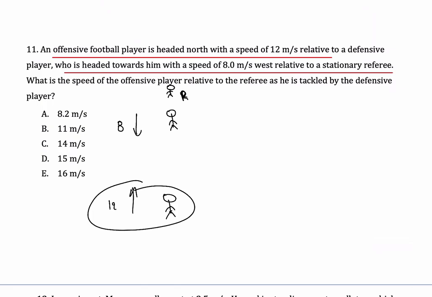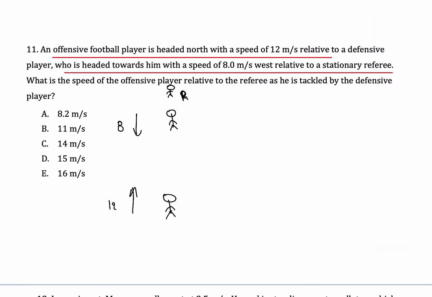Since this speed is 12 with respect to someone that is already moving with a speed of 8 meters per second, it means that the actual speed is... now this is his actual speed should be 20, but I don't see the 20 in the options, so probably I have to read the question again.